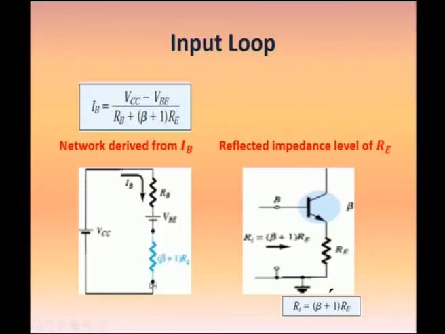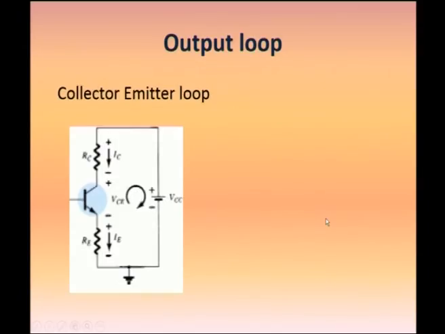So, this is what we are getting for the input side. The input resistance, the reflected impedance level of RE seen at the input side, RI, is beta plus 1 into RE. This is what we have derived for the input loop.